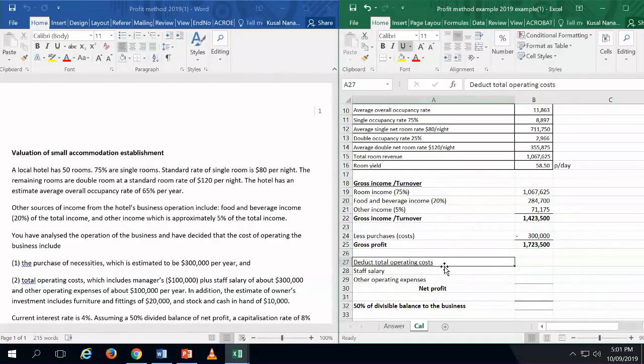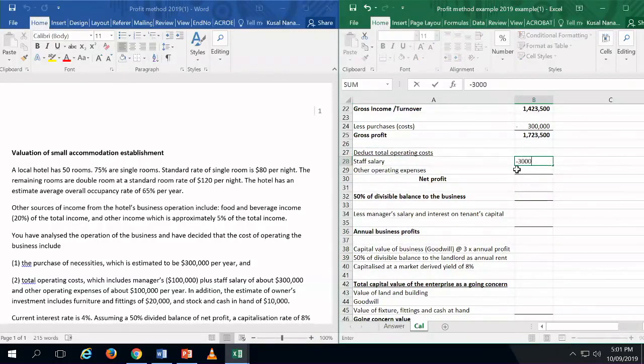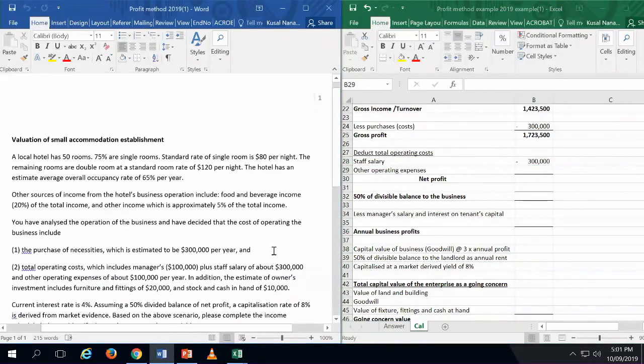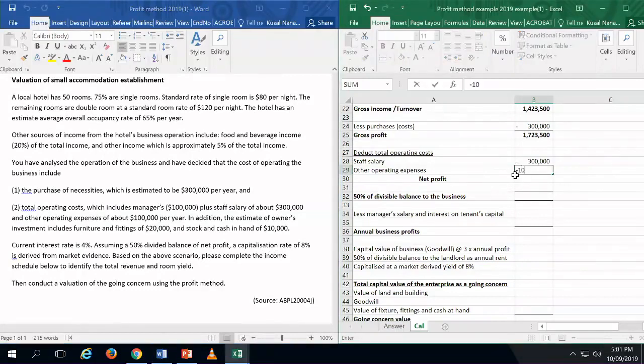And deduct total operating cost. Staff salary, how much is that? 300,000. Other operating expenses, 100,000. So it's 1.1 million because it's minus 300,000. The gross profit is.